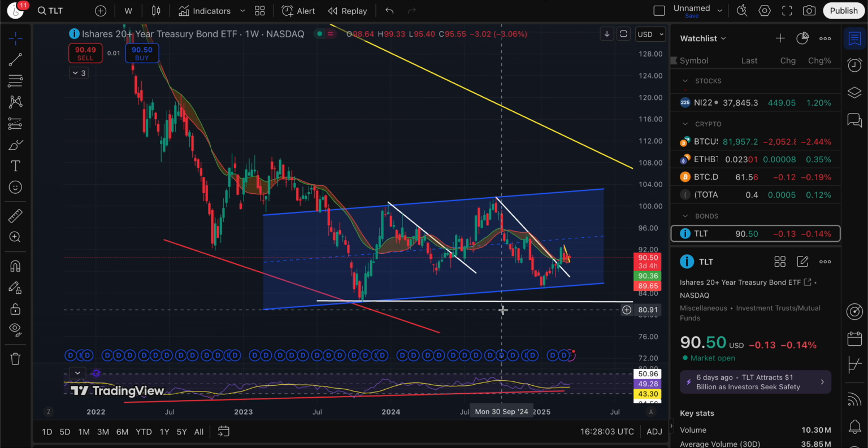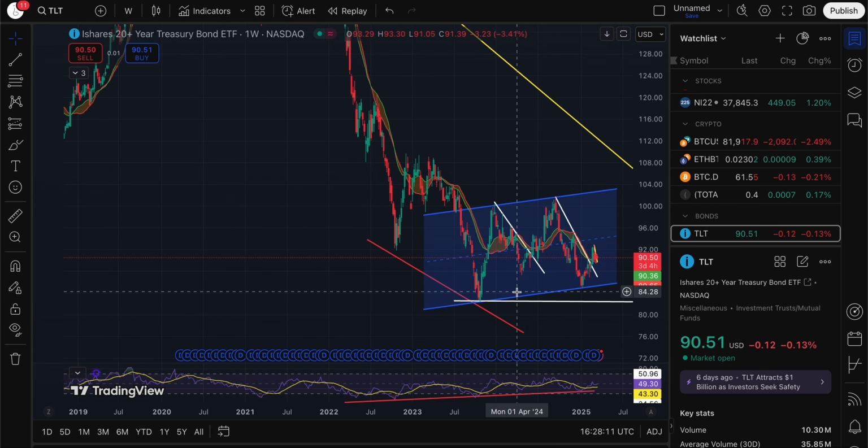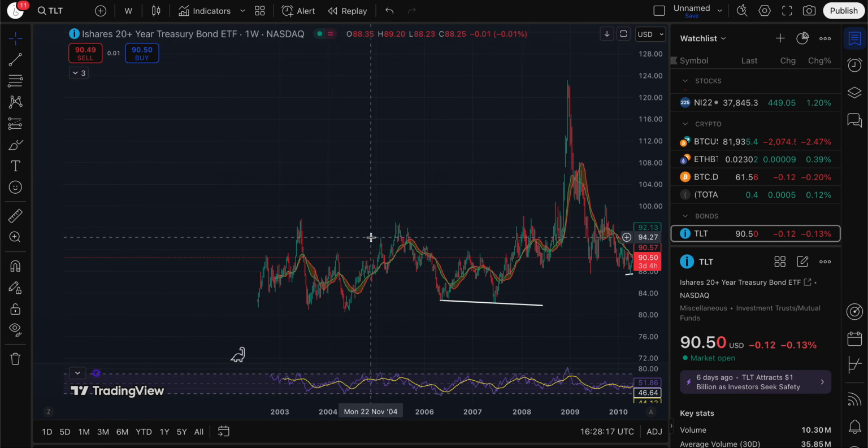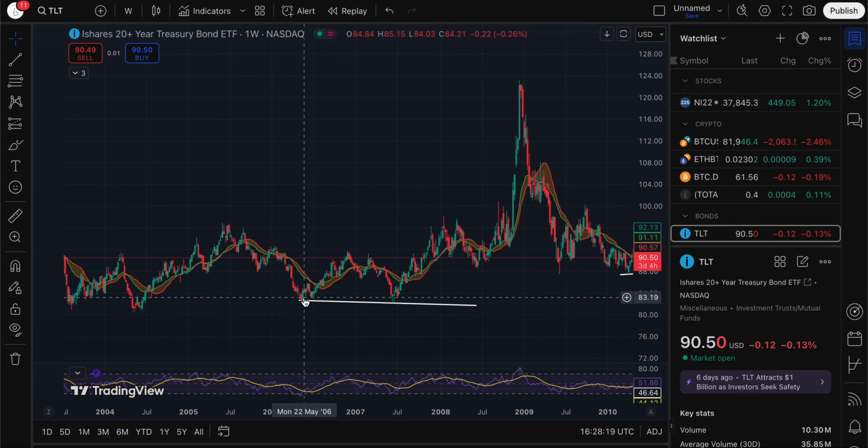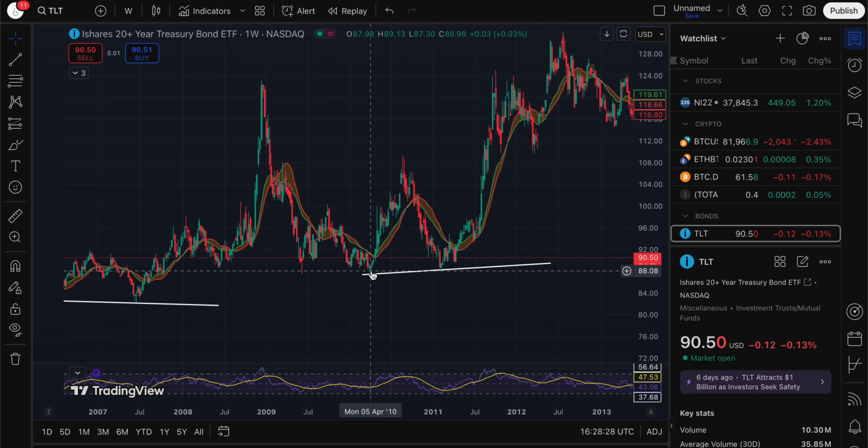The reason why I have this white line is that TLT and the long end of the curve likes to put in double bottoms. And there are two ways it really puts in a double bottom. The two examples I've pointed out in my previous videos are the 2006-2008 cycle style of double bottom, where you see a sweep of the previous low, or the 2010 double bottom, where you see a higher second low.